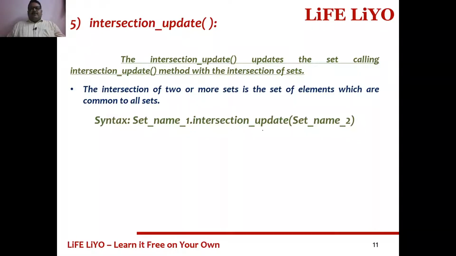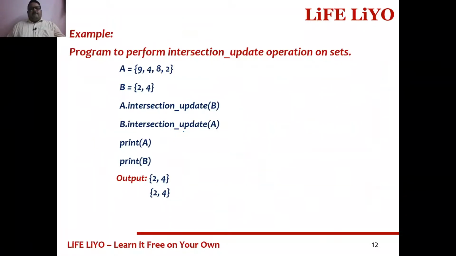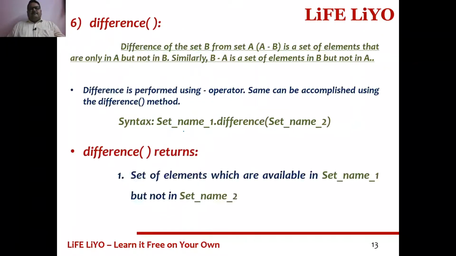So it performs the intersection, and then the update puts it onto the main set. It doesn't return anything. Simply, we have to print the values. That is the concept of intersection update. We have seen the example.